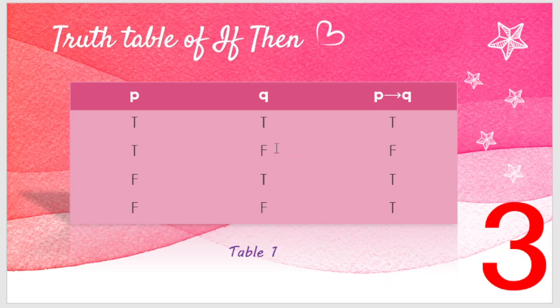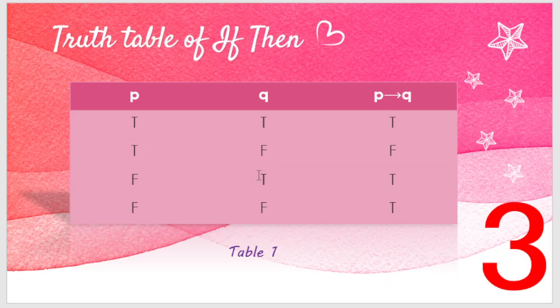It is based on the conclusion. If our conclusion is a false statement, therefore our conditional statement will be false. We also have here, if the hypothesis is false and our conclusion is true, therefore our conditional statement will be true. Again, it will depend on the conclusion.